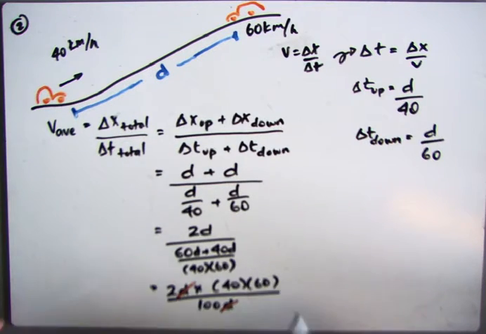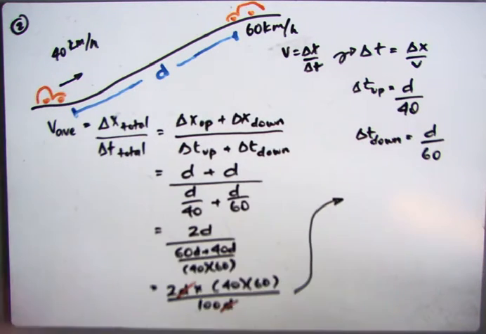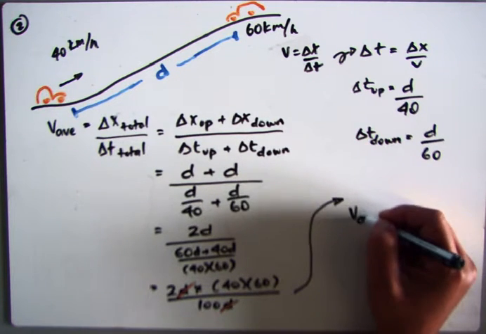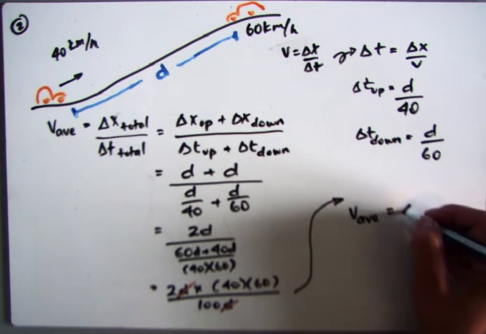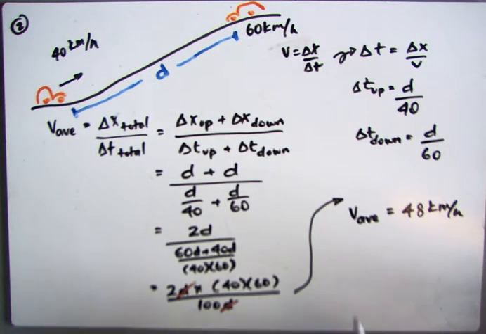So then, what's 40 times 60? 40 times 60 is 2,400, times 2, divided by 100, equals 48. So what we're solving for here is V_av equals 48 kilometers per hour, which is surprising, and it's less than you would have thought at 50.